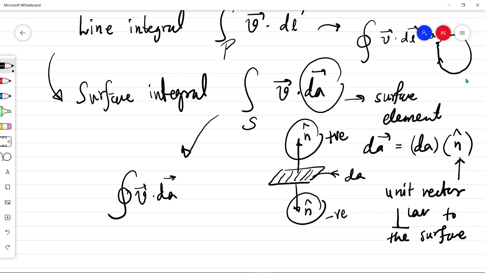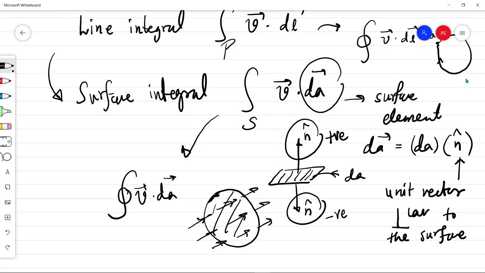For example, there is some vector function v bar, and then we have a sphere. Then we can always determine a closed integral over the closed surface of this sphere. In this case, the n cap vector pointing outwards is taken as positive by convention.